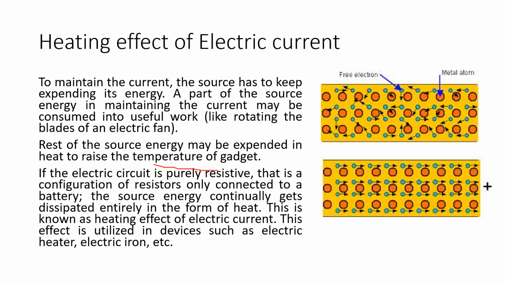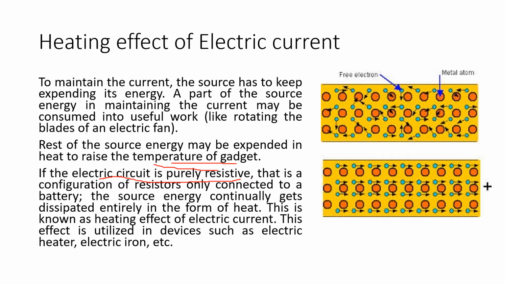So whichever gadget is working, it is getting hot. When you put on the fan, the blades are rotating, electrical energy is converted into mechanical energy, but at the same time it is getting heated also. Now imagine an electric circuit which is purely resistive. Purely resistive means there is no light or mechanical energy or sound energy to be converted, but purely heat energy.